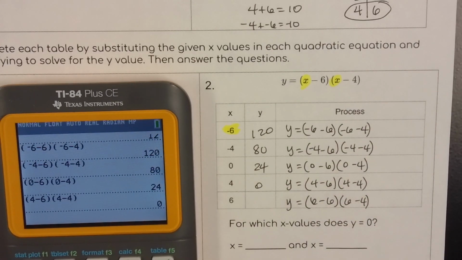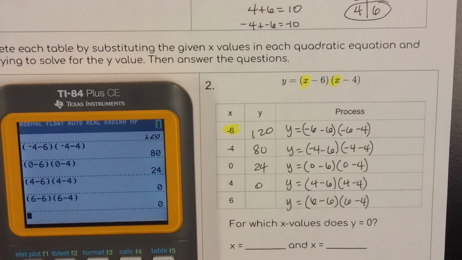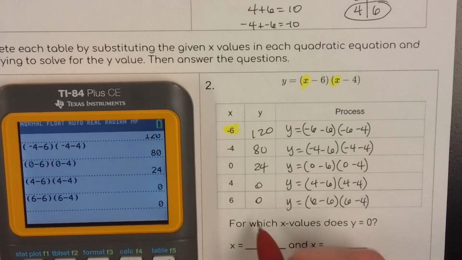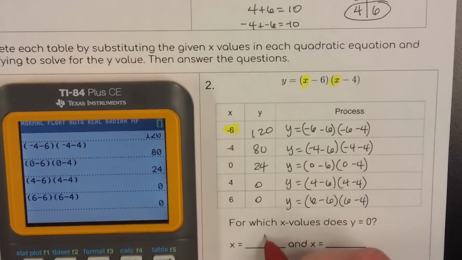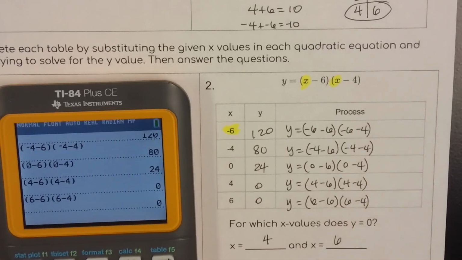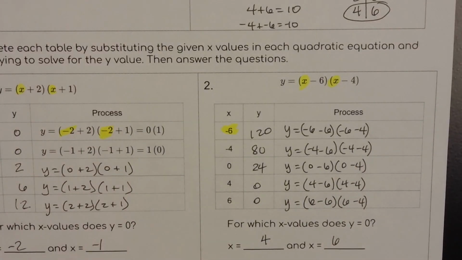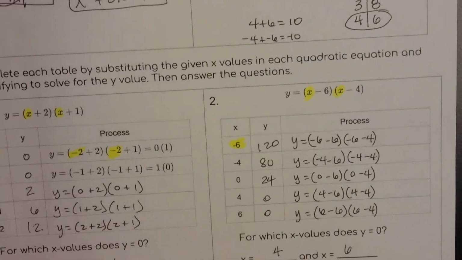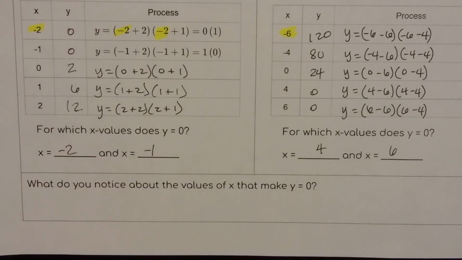And then the last one, 6 minus 6 and 6 minus 4, we also get 0. So when it says for which x values does y equal 0, well, let's look. We just wrote them down, 4 and 6. And the last thing it says, what do you notice about the values of x that make y zero?